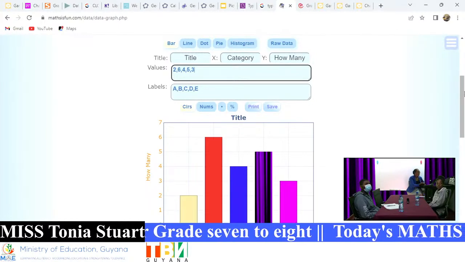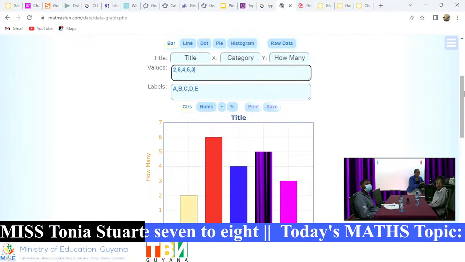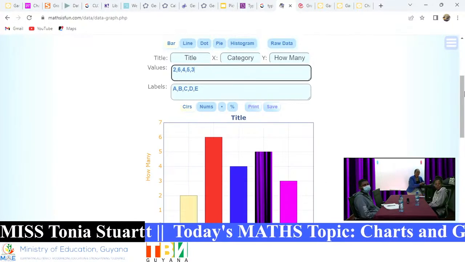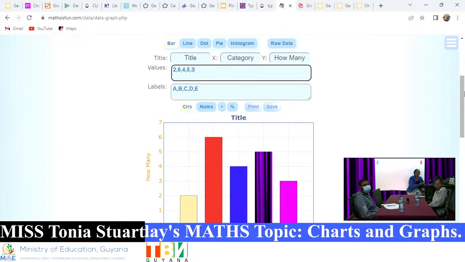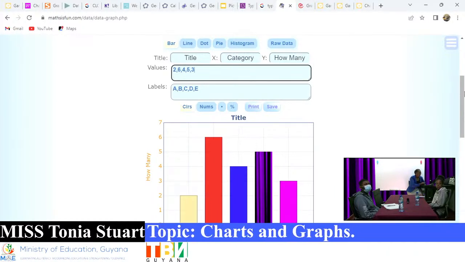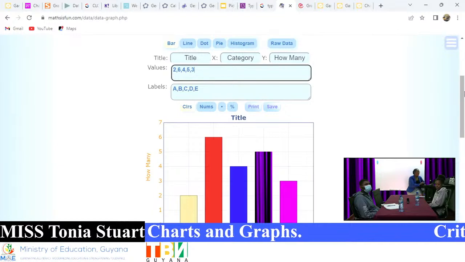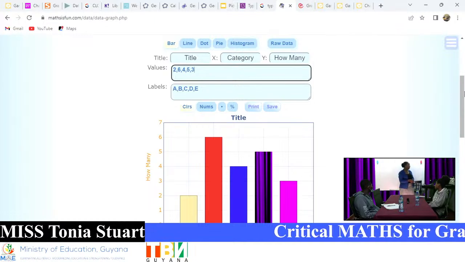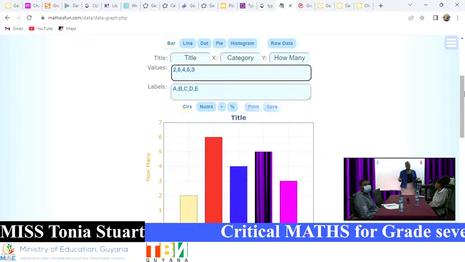So by looking at it, observe it well, and we will go through it and then you will give me your explanation. So we have some values here where we have some labels A, B, C, D, and E. It can be anything.